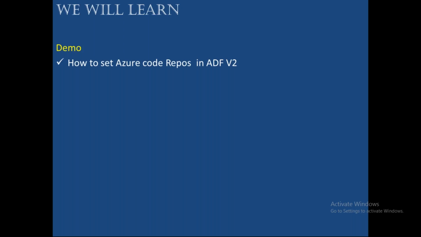Whatever code is generated in your data factory is stored in some backend. But I want to move the entire code from the data factory to some Azure DevOps repos. We will see how to set up those repos and how you can move the ADF code from your ADF to the Azure code repos.